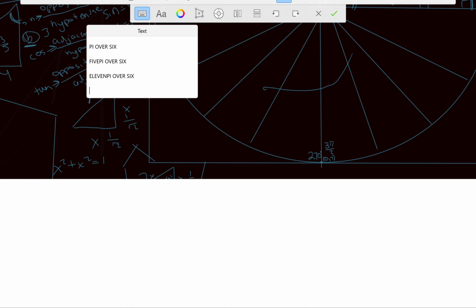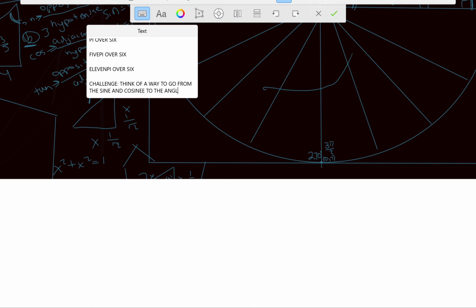And, what can we do for a challenge? Let's do this. Challenge. Think of a way to go from the sine and cosine to the angle.